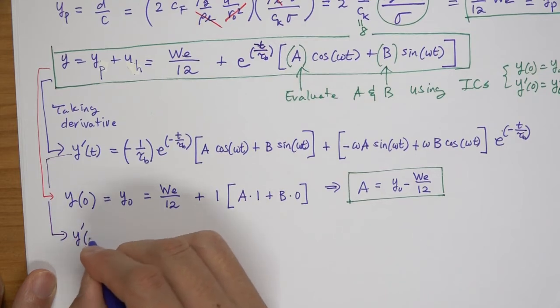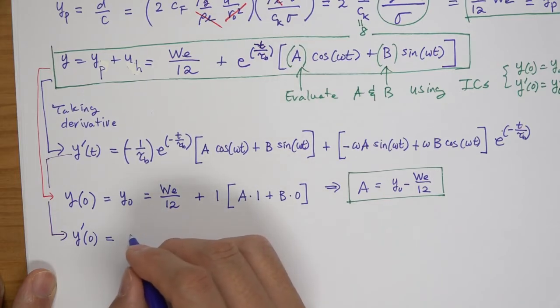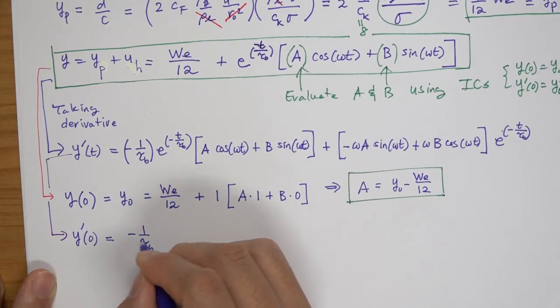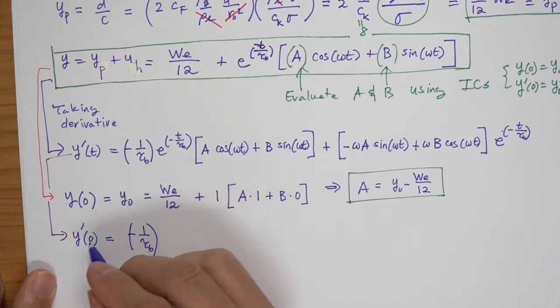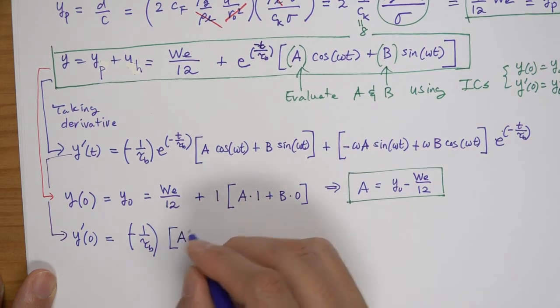y prime 0 will be minus 1 over tau b. When t is equal to 0, that's 1, and that's a.